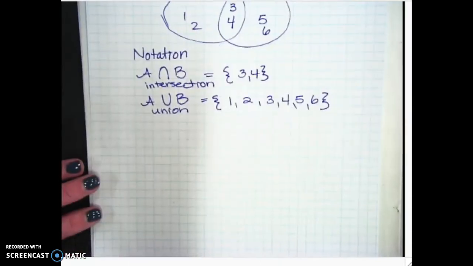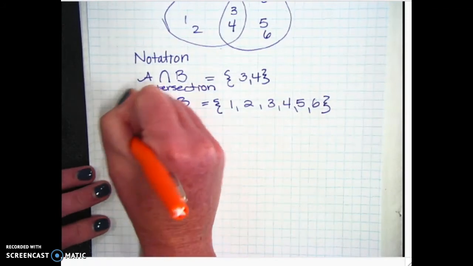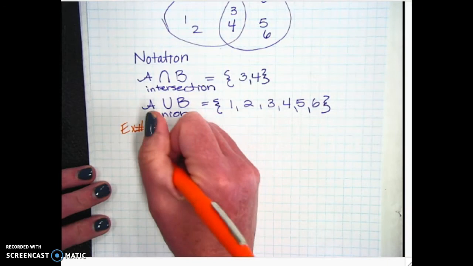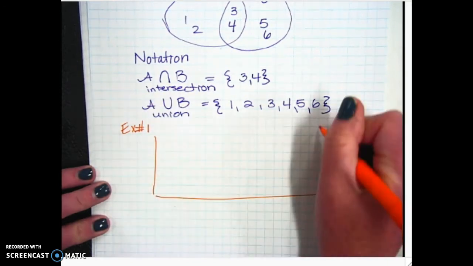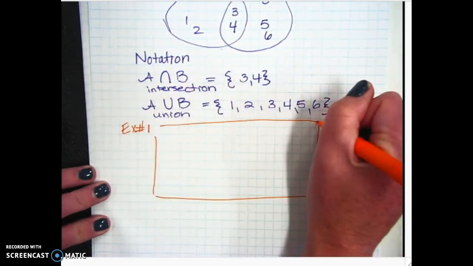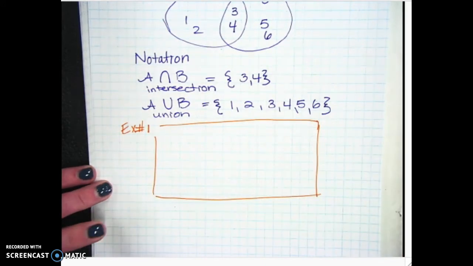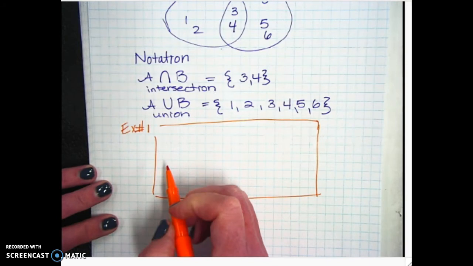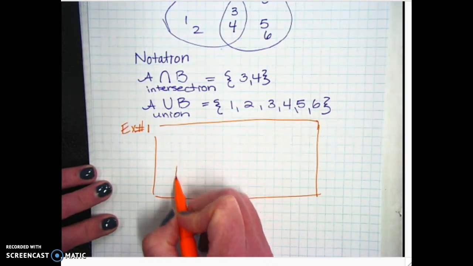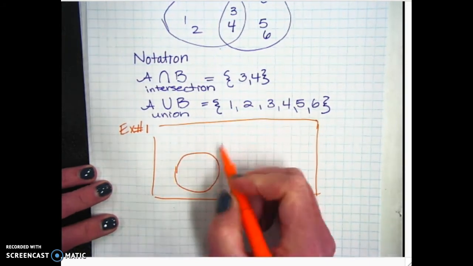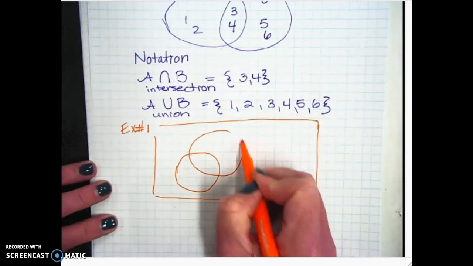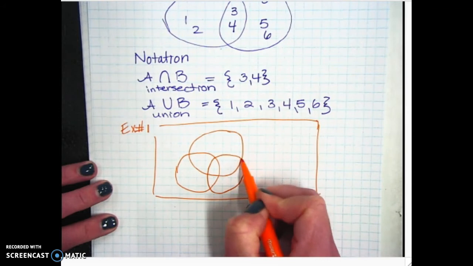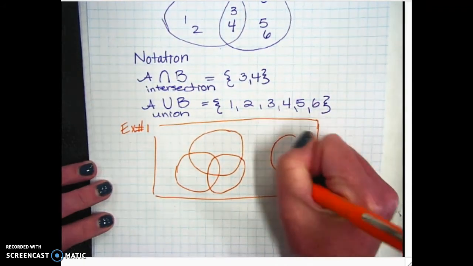So example 1, we're going to look at one slightly trickier. This one has 3 circles overlapping here, and then a circle over here by itself.